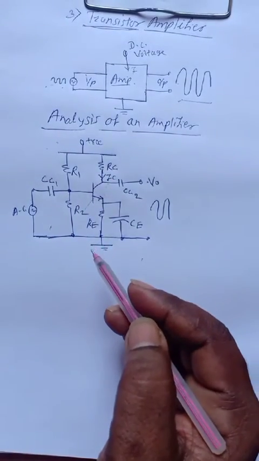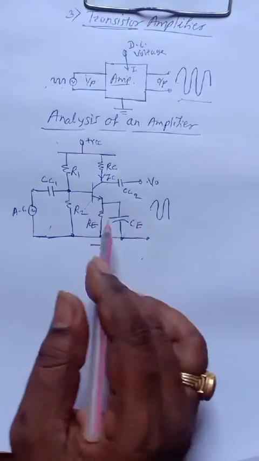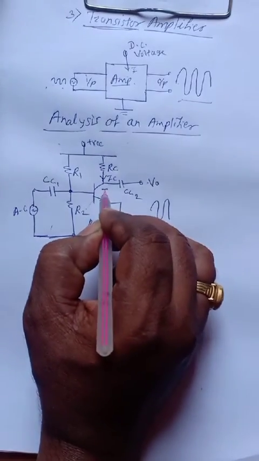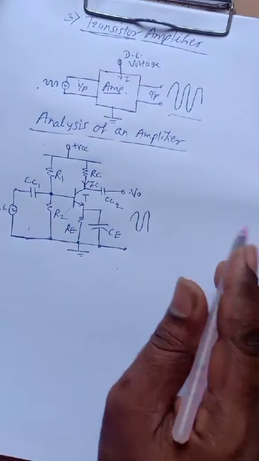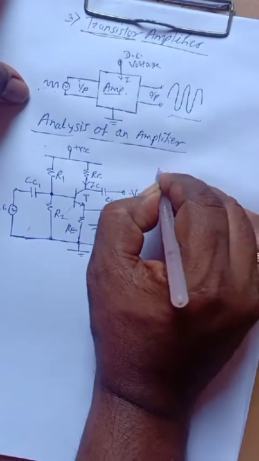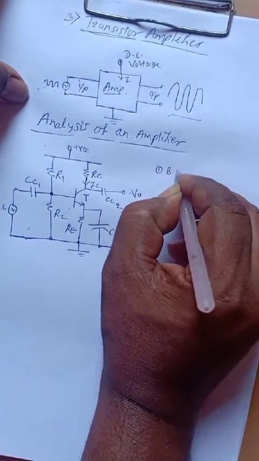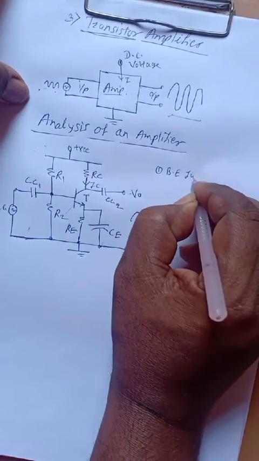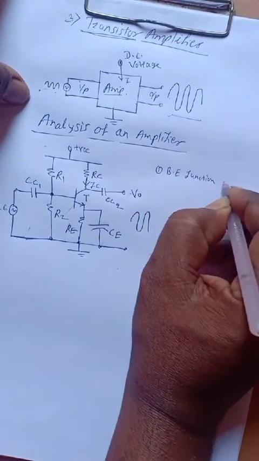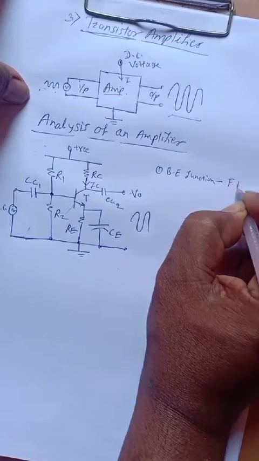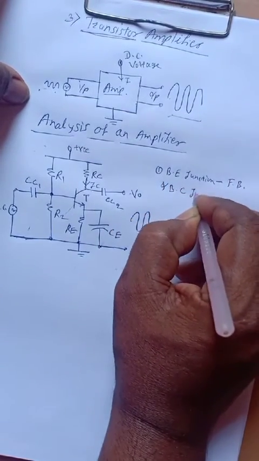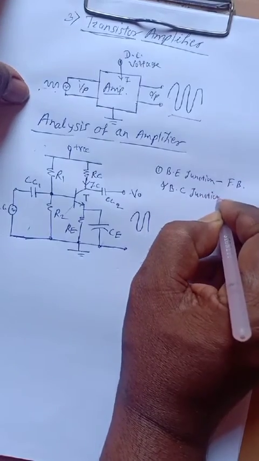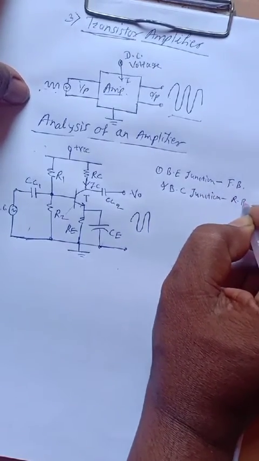This is the transistor T. When it is connected in the amplifier, the first requirement is that the base to emitter junction is forward biased and the base to collector junction should be reverse biased.